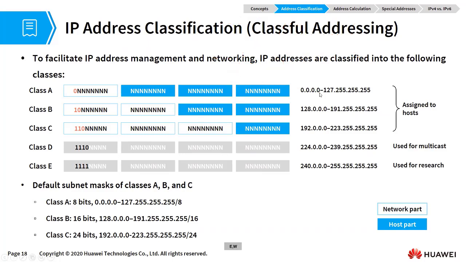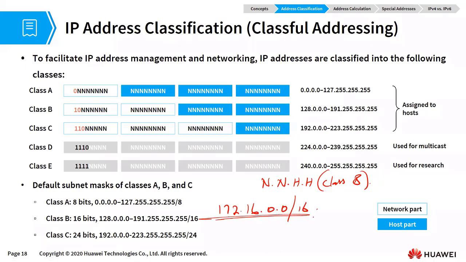Now, let us think of the other type of IP addresses that have the format network.network.host.host, which we have said, according to this slide, are codenamed class B addresses. Let us say we have the network 172.16.0.0/16. This is the network.